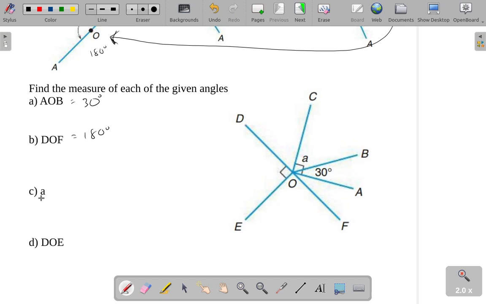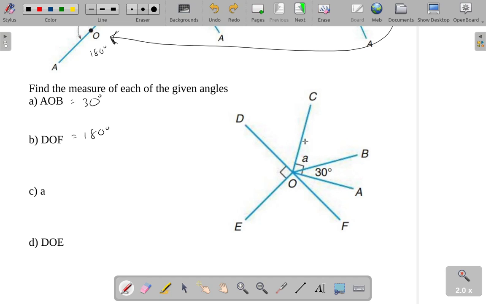Angle A, this is another way we can indicate an angle. When we're talking about just giving a lowercase letter like that, that's this angle right here. You could say it's angle BOC or angle COB, however you wanted to describe that. But for angle A, we don't have a specific measure written, and it's not as easy to see.